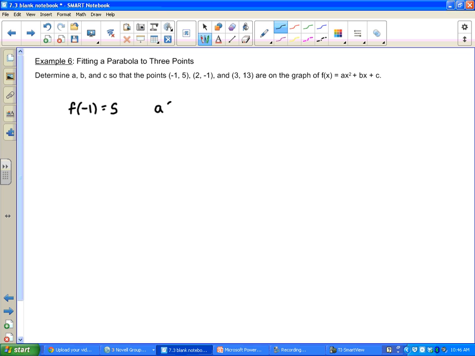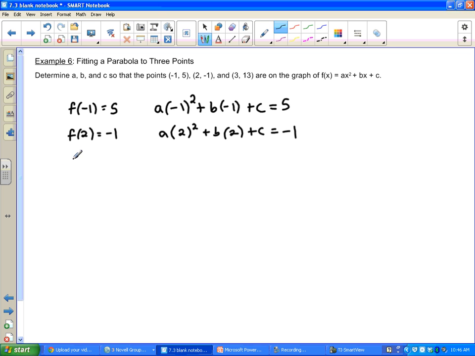So a times -1 squared plus b times -1 plus c has to equal 5. Then I can do the same thing for f of 2 equals -1, which is our second point. A times 2 squared plus b times 2 plus c equals -1. Then I do that with the third point.